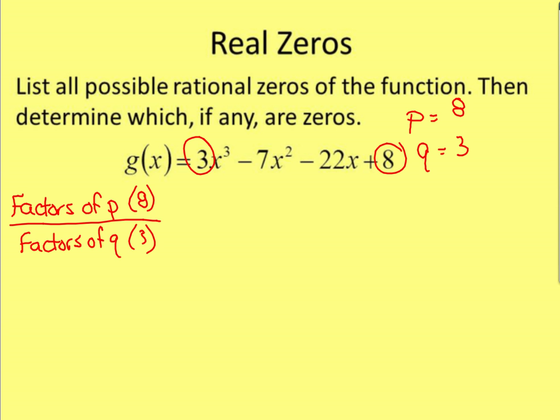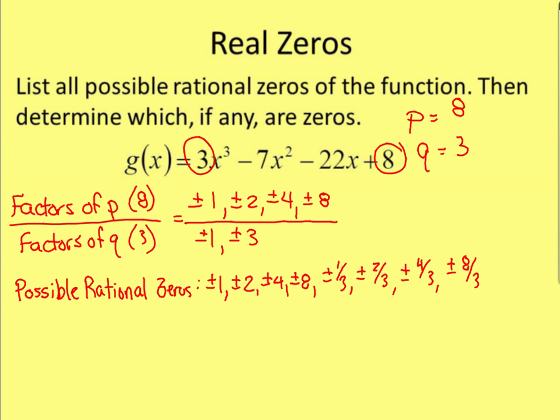So we're going to find the factors of each of our terms first. Once we have our factors, then we're going to list all of our possible zeros. Again, remember, you're going to take each of the p terms and divide them by each of the q terms and write out all of our rational zeros.